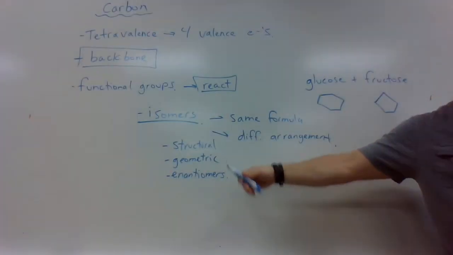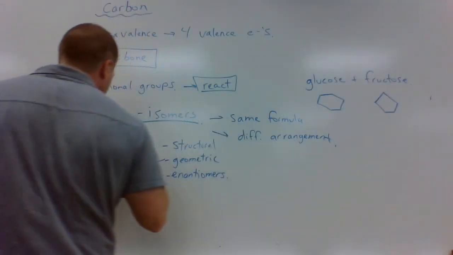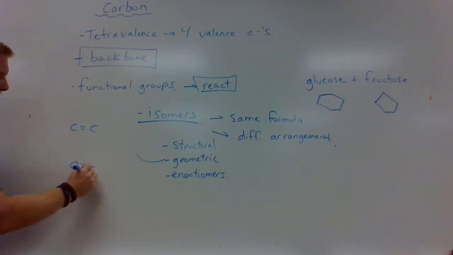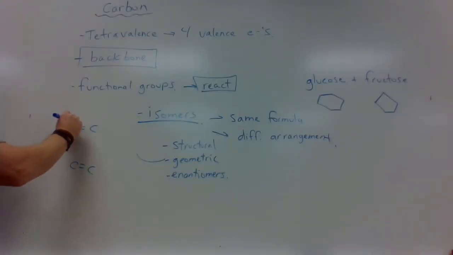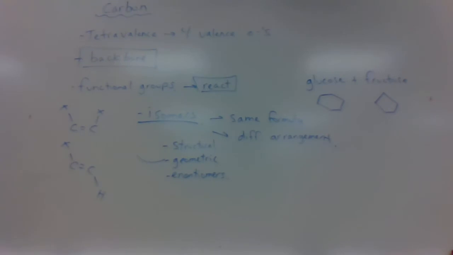Geometric isomers, again, you'd have the same carbon backbone, but the groups that branch off of them are different. And if you remember with geometric isomers, you might have 2 carbons double bonded together, and sometimes you would have the functional groups on the same side, and sometimes you'd have the functional groups on opposite sides, right?